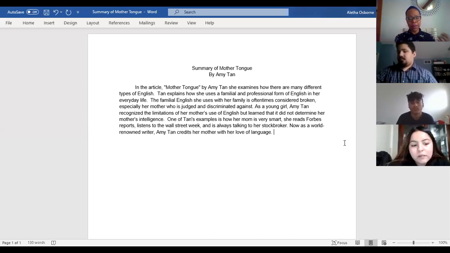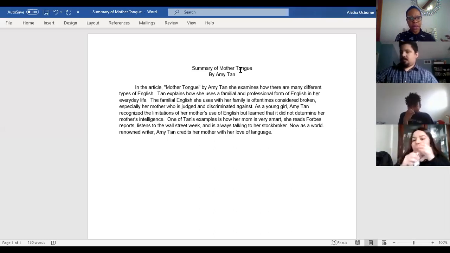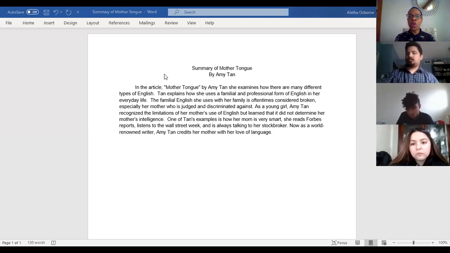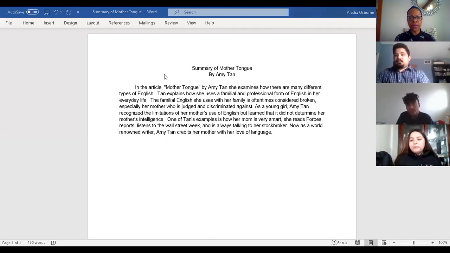A summary is simply a paraphrase of the author's main points. You do not add to those points. You do not manipulate those points with your opinion. You stay objective. You almost operate as a newscaster who is just reporting the news, right? So this is us just reporting the news about Amy Tan's essay, Mother Tongue.